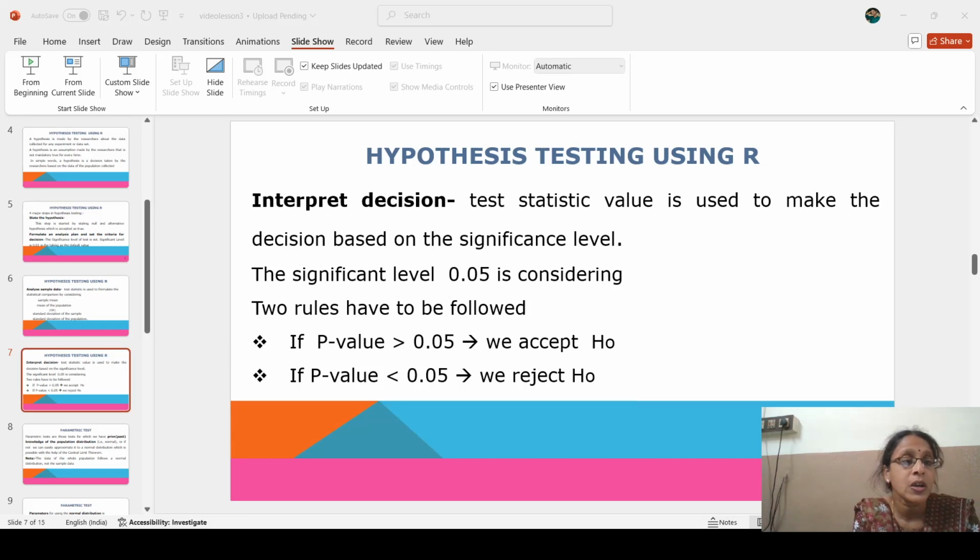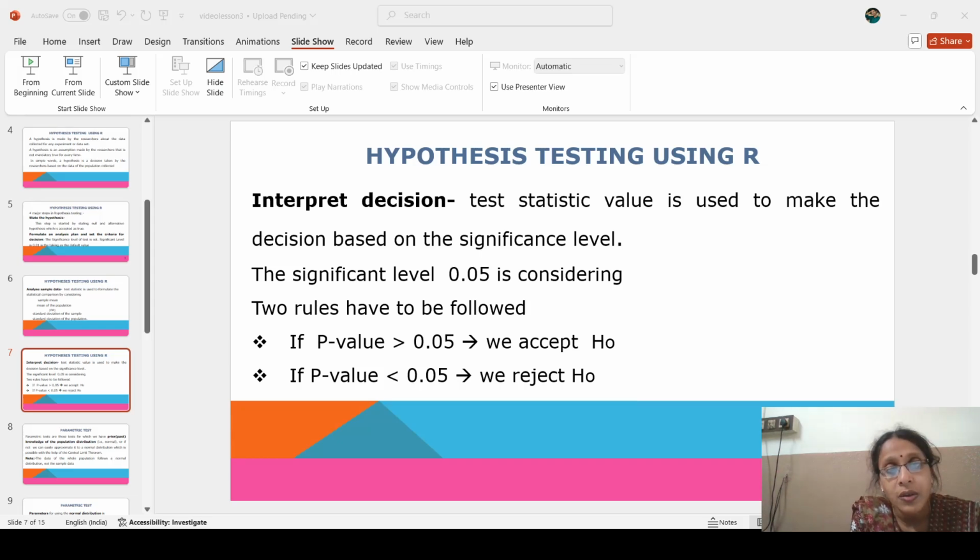Here x is a numeric vector containing your data values. Mu is the theoretical mean, and the default value is 0. The alternative argument is optional. It can be two-sided, one-sided, or default. It is not necessary to use this alternative value.